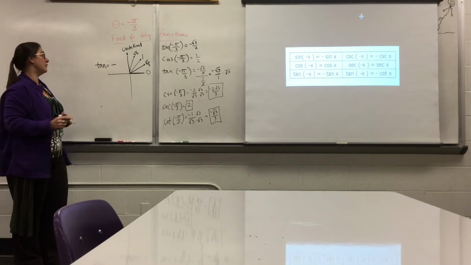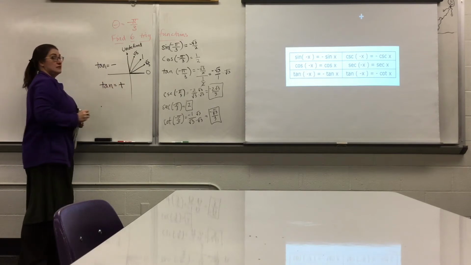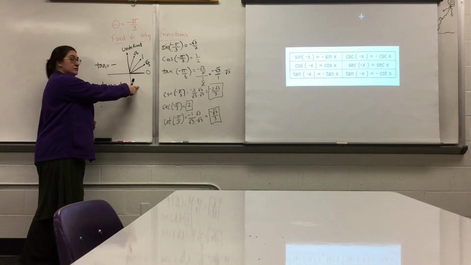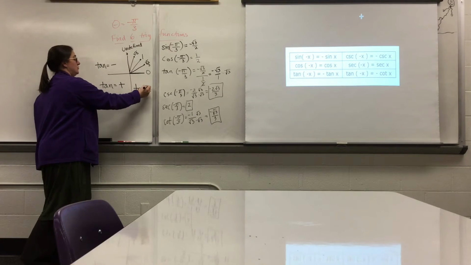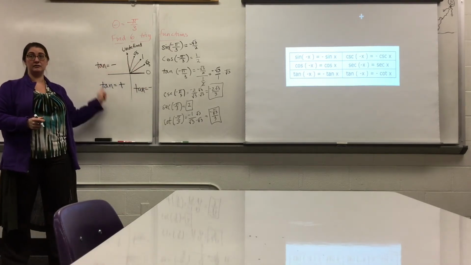So they just repeat around there. In this quadrant, x is negative, y is negative, so tangent will be positive. And in this quadrant, tangent will be negative. So same values as this around the circle, but depending on where you are.